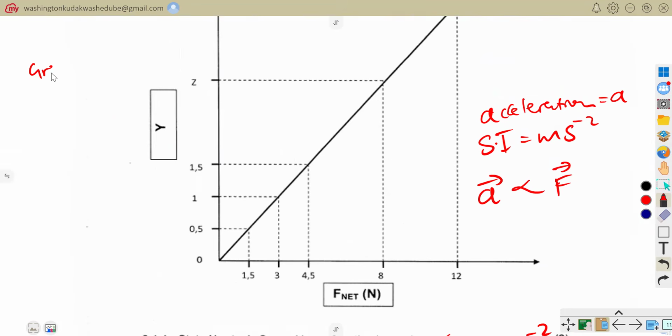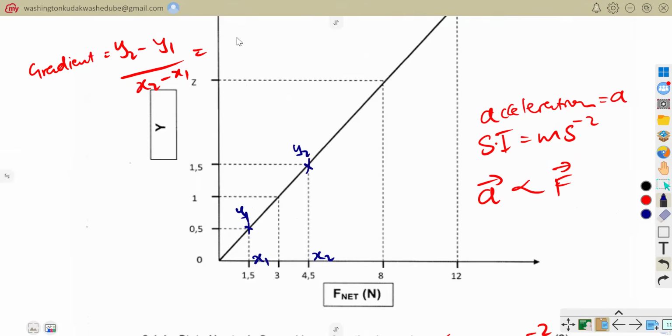You would simply say gradient is equal to y2 minus y1 over x2 minus x1. Now, what is my y value? I'll take this plot and maybe that plot. I have y2 and x2, I have y1 and x1.